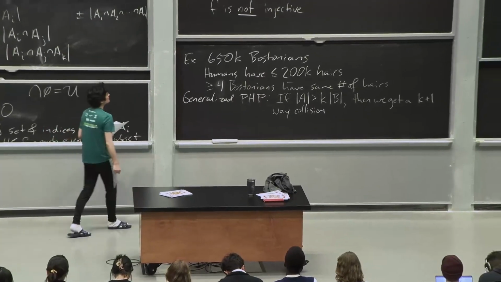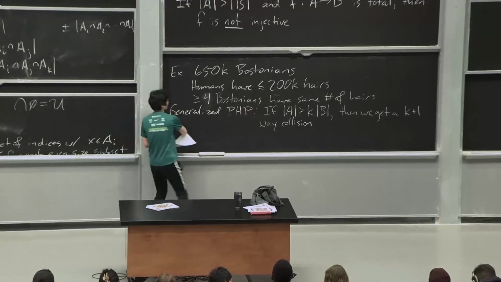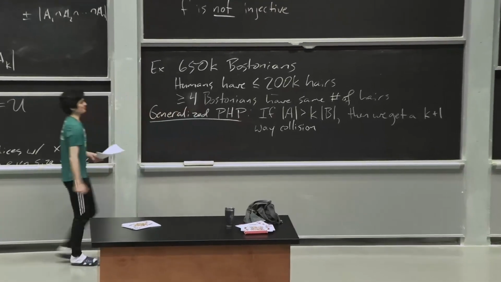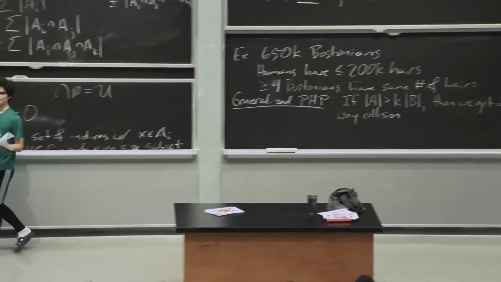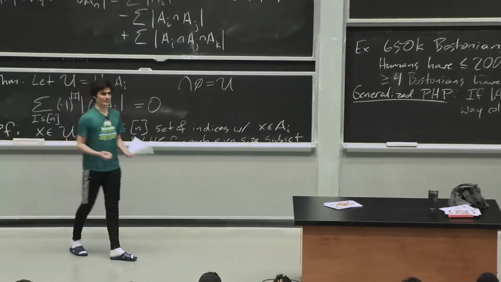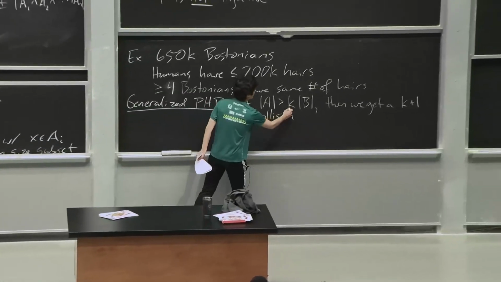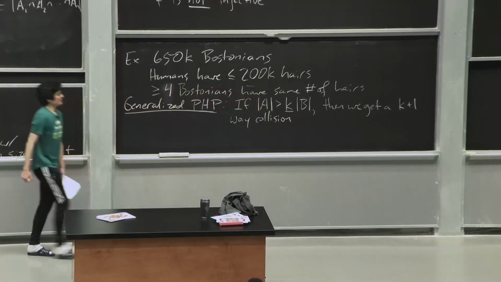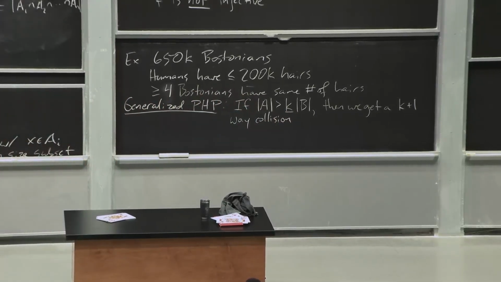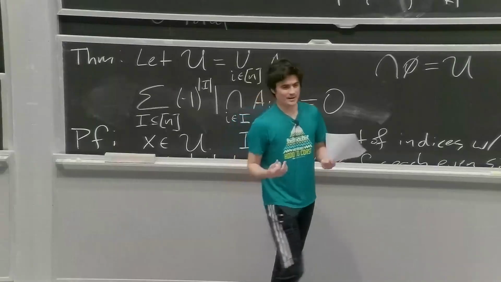Okay. So you can basically always use the generalized pigeonhole principle, just like strong induction will always work whenever weak induction does. You could always set K equal 1, right? But the proof is basically the same.